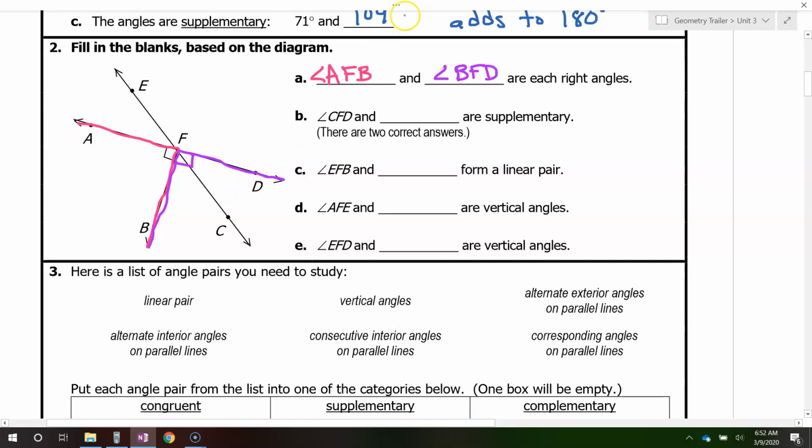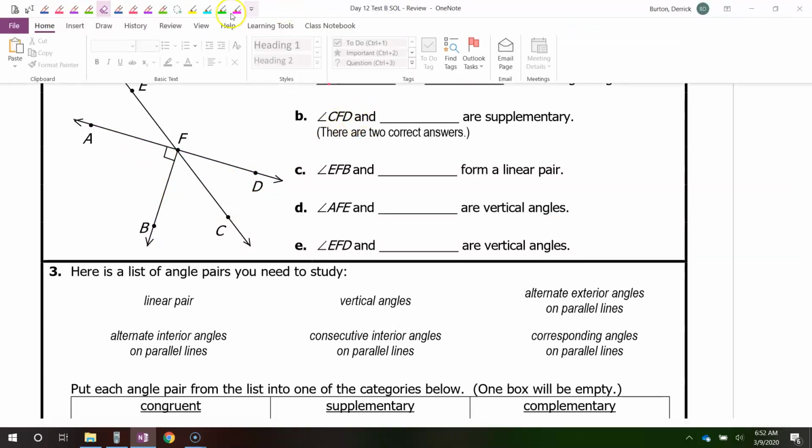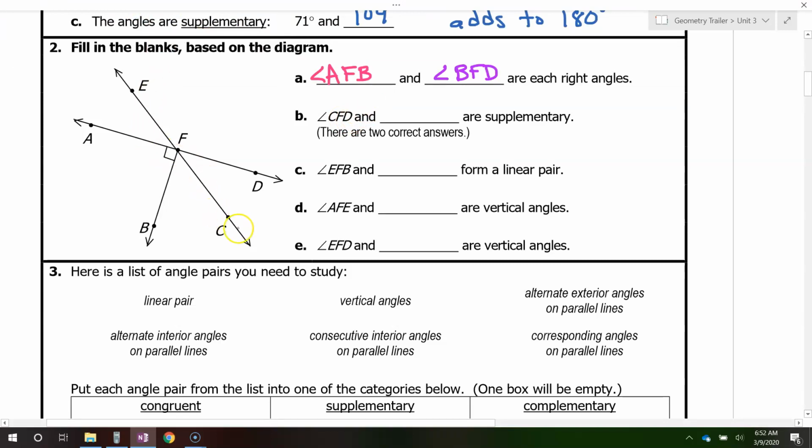Now, let me clean that up for a second. Angle CFD. What is up with angle CFD? Okay, here is angle CFD. And what are supplementary? So I'm looking for a linear pair.